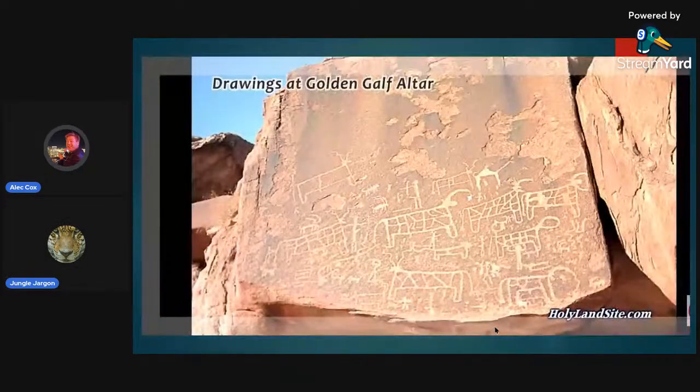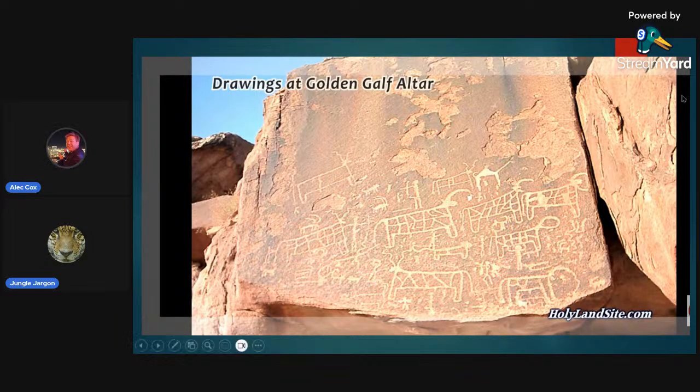So with the granite tablets, and then you get into this type of pictograph drawing. I'm going to stop sharing here, but Egyptian cows. Yeah, this is supposedly Jabal al-Lawz, the true Mount Sinai.